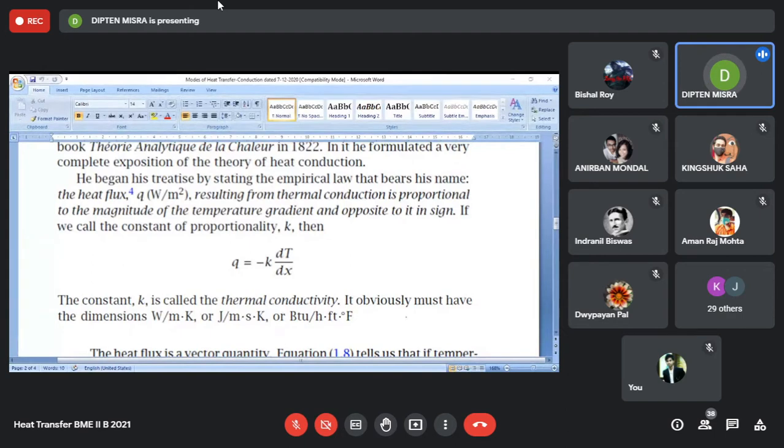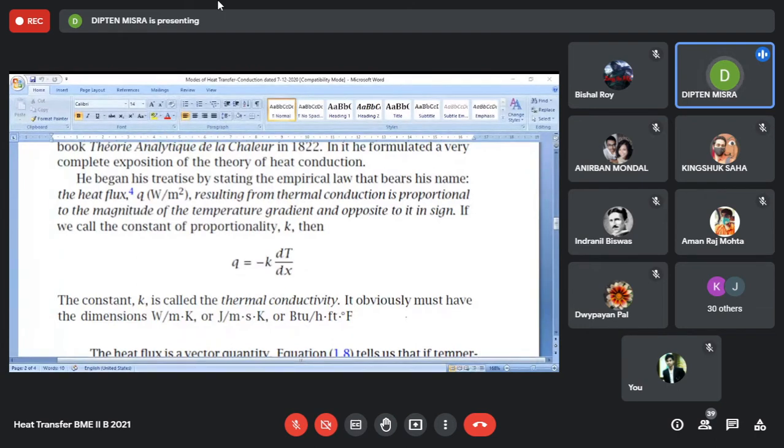But there will be no change of heat flux along time. And the most general case may be where T is changing along X, Y, Z, and time. Then also it will obey the same Fourier's law: qx equal to minus k ∂T/∂x, qy equal to minus k ∂T/∂y, qz equal to minus k ∂T/∂z.